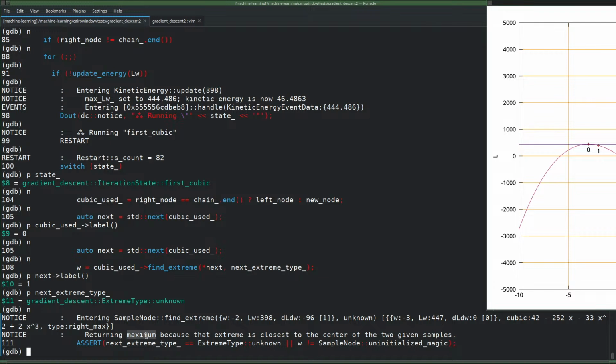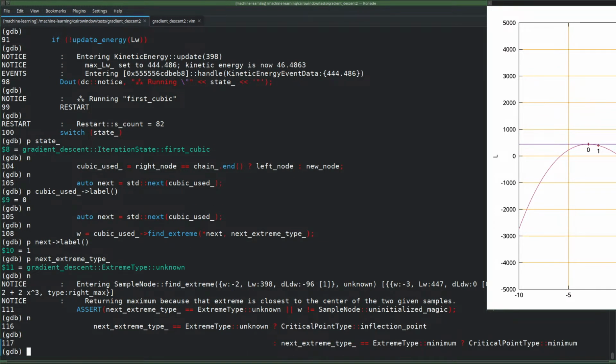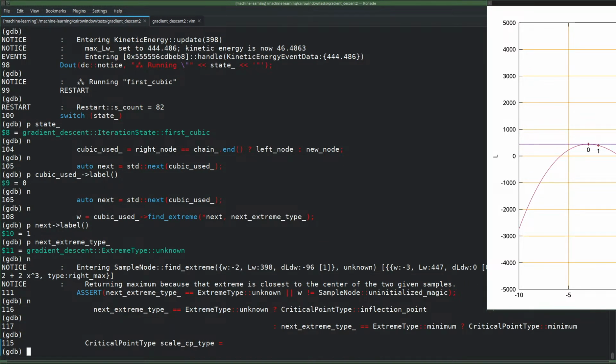Yep, so we're returning maximum because that's closest. And W now should be set to the value, which is -3.